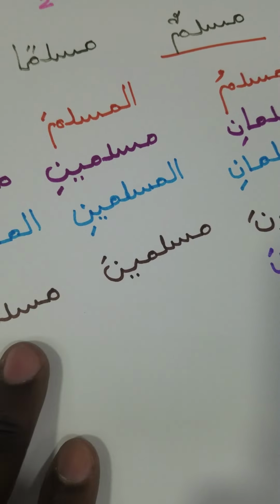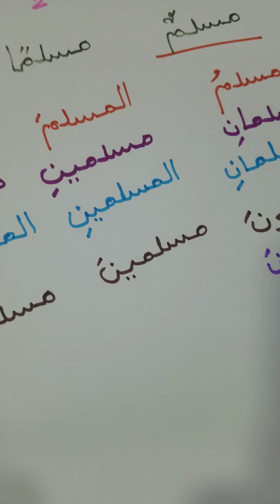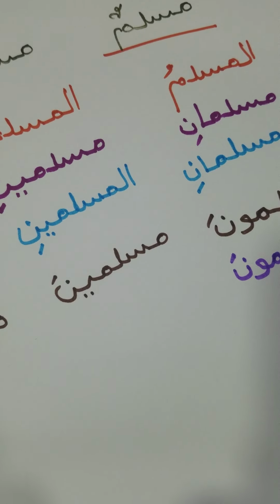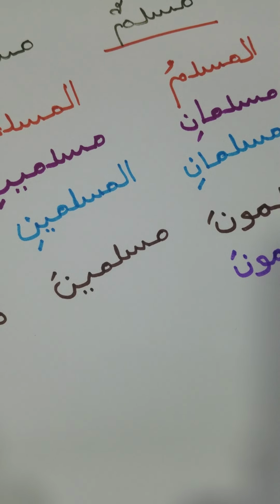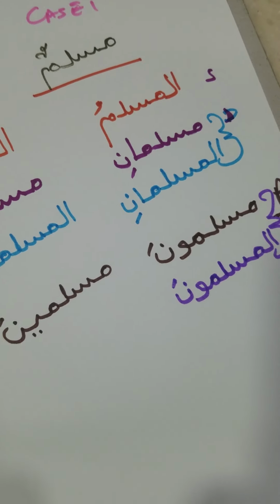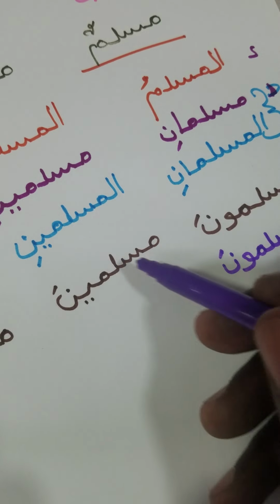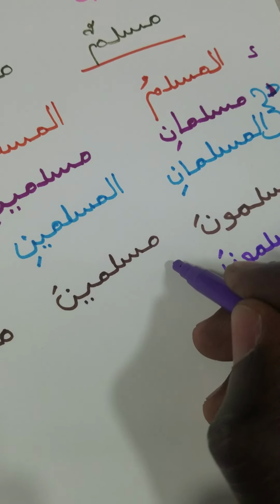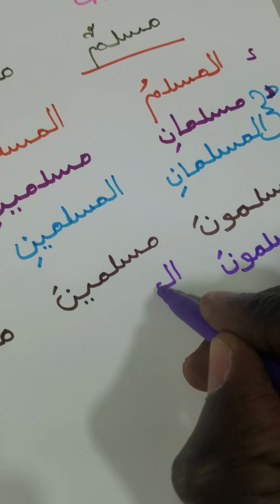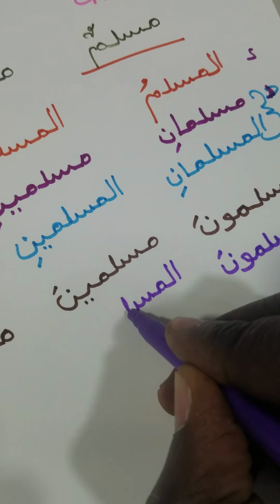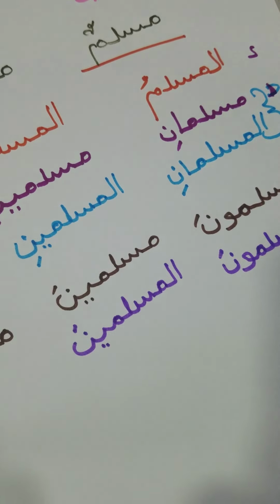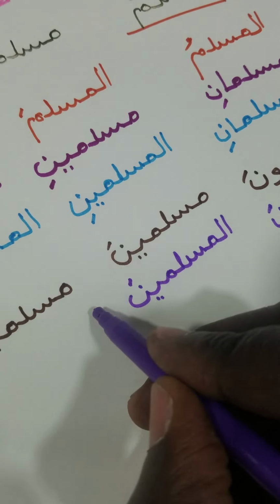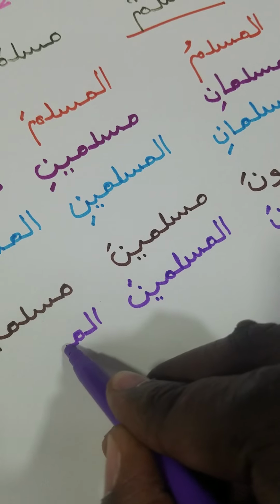Third case and second case are all Muslimina. So now, what did this become in a definite case when we add al? Still, you should notice there is no tanween, so it will simply be al-Muslimina. And here it will still be al-Muslimin.